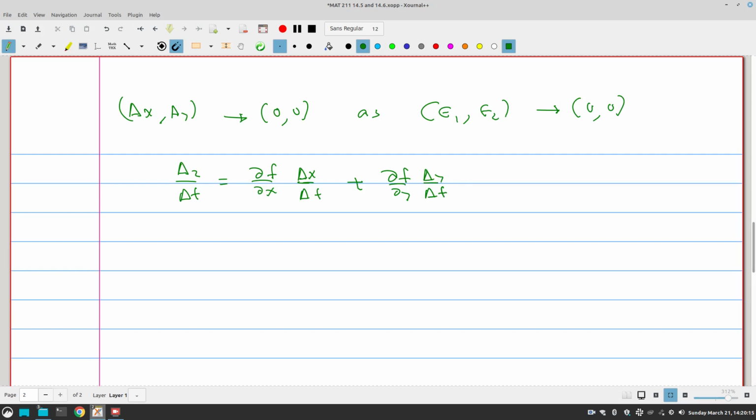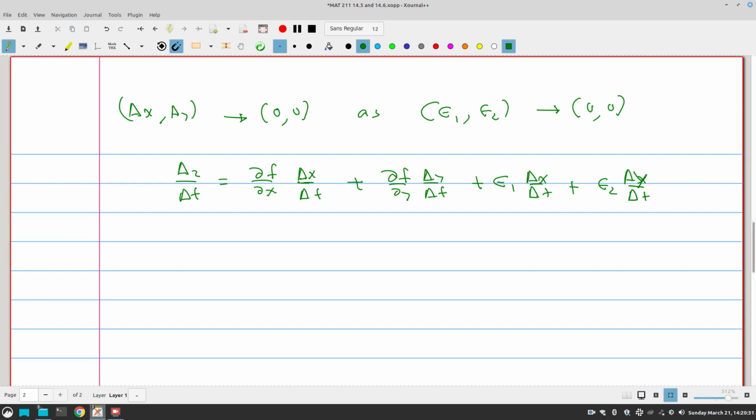And then you have the terms with epsilon 1 delta x over delta t, and then the next epsilon 2 delta y over delta t.